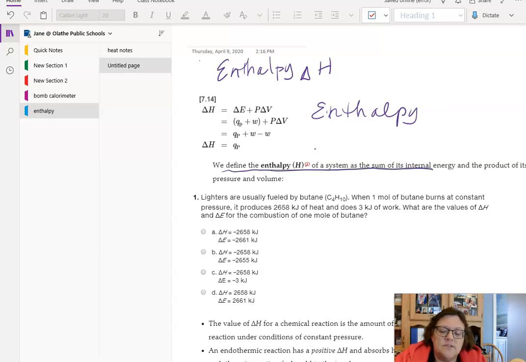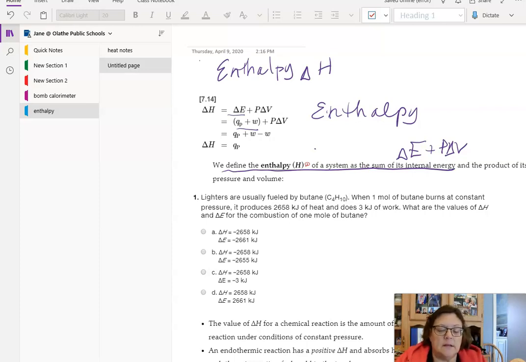It's the sum of its internal energy plus the product of pressure and volume. Okay? So, the internal energy is equal to heat plus work. And we're calling all of this enthalpy.